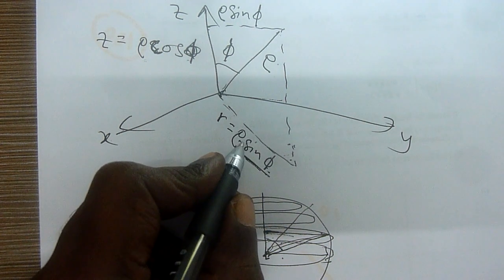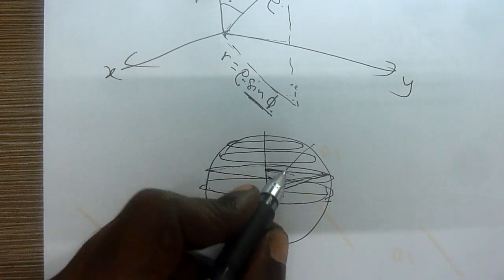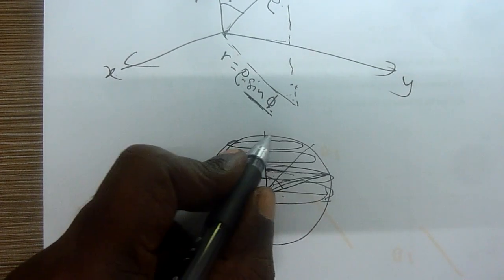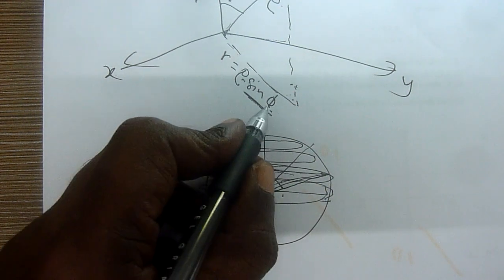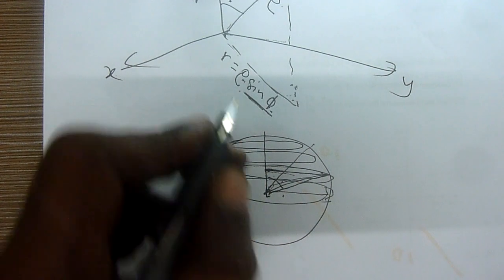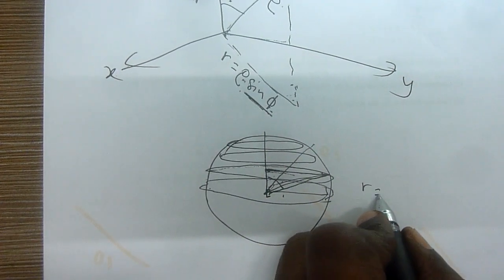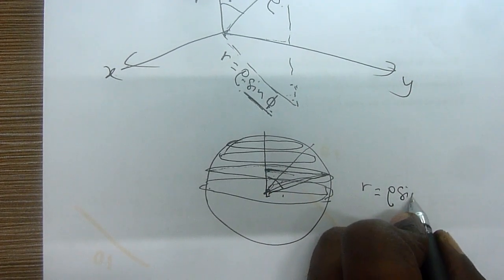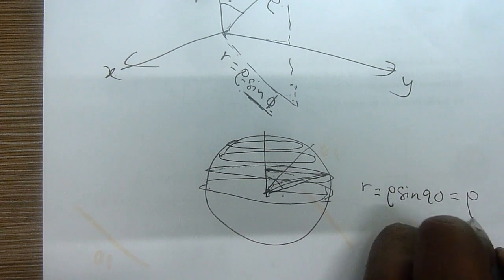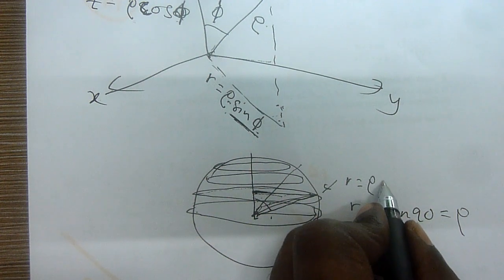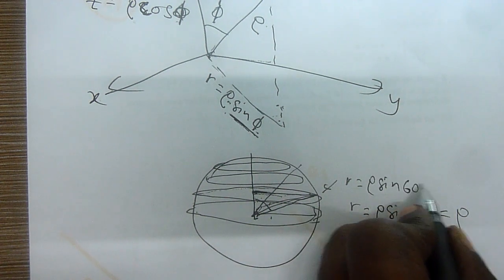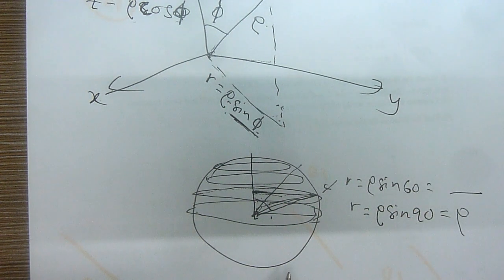Can you see that? Okay, small changes, but it's moving around. If it is a 90 degree, yes, you get a rho. Okay, if it is R equals rho sine 90, you get this. At this point, let's say R equals rho sine 60, then you get a different value, right?